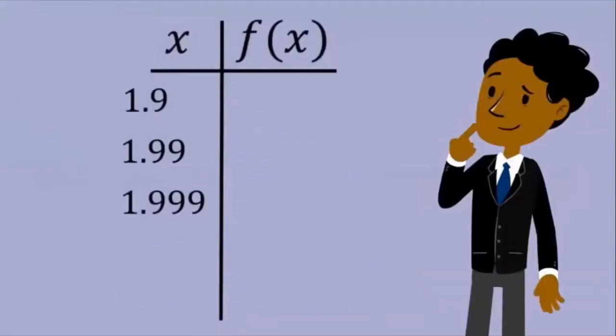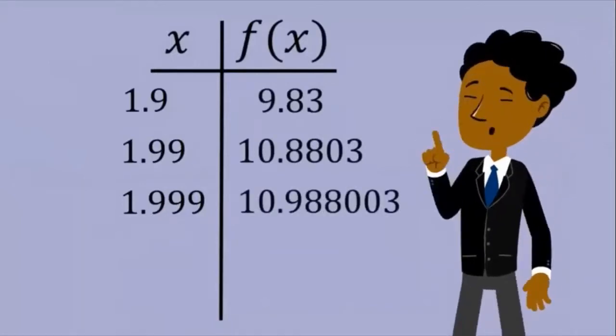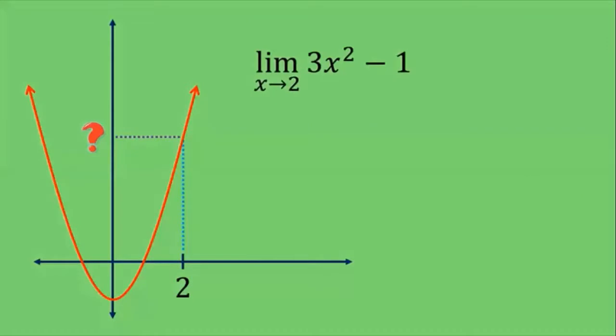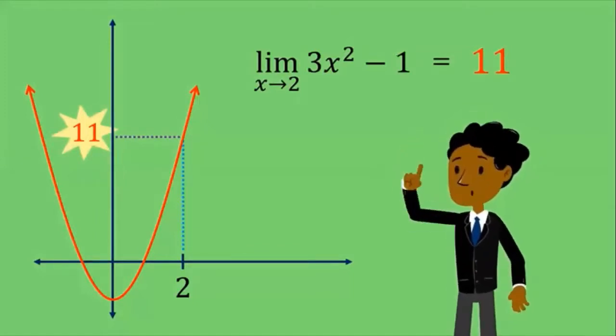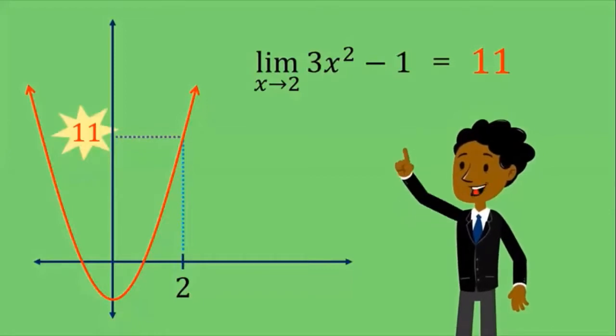When I use these, I get values such as 9.83, 10.8803, and 10.9003. From these values, it appears that the function is approaching 11. So we say that the limit of the function as x approaches 2 is 11. Remember, what I'm really saying here is that we can get arbitrarily close to the number 11. I just have to pick values that are sufficiently close to 2 to do it.